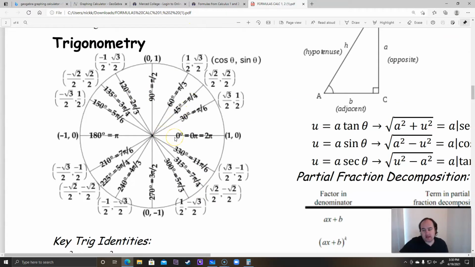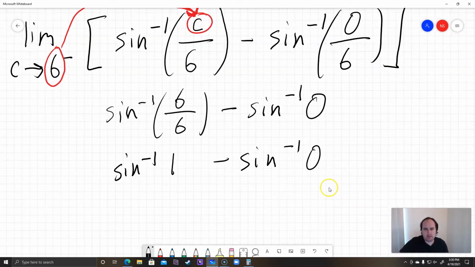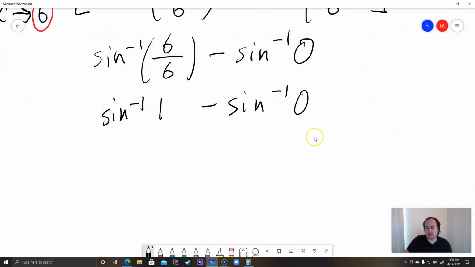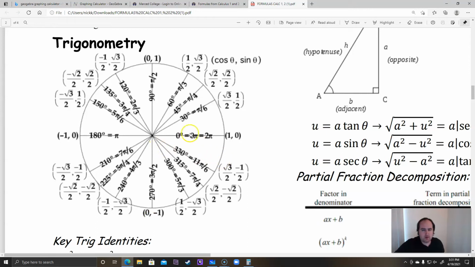So if we're going to do sine inverse, remember that sine of theta is the same as y on your unit circle. Okay, so recall sine of theta equals y. So we're just looking at our y-coordinate.